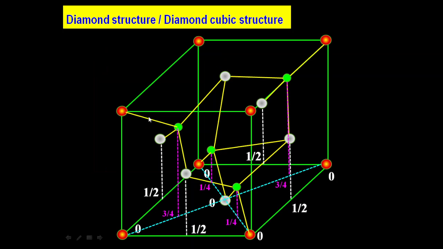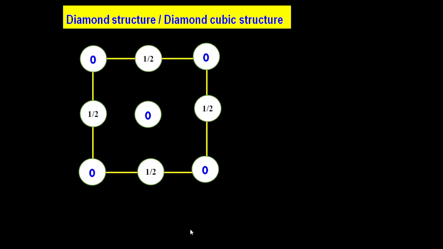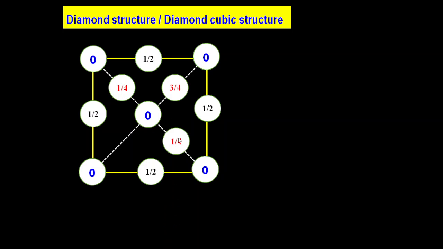And the face center atoms are present exactly at the center of each edge. There are four edges at the bottom layer, which are at half position. So these are the face center atoms which are at half position, and along these two diagonals, 1 and 2, one atom is at 1/4, this is 3/4, this is 1/4, and this is 3/4 distance.